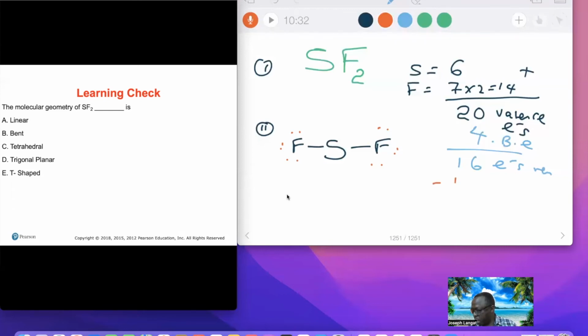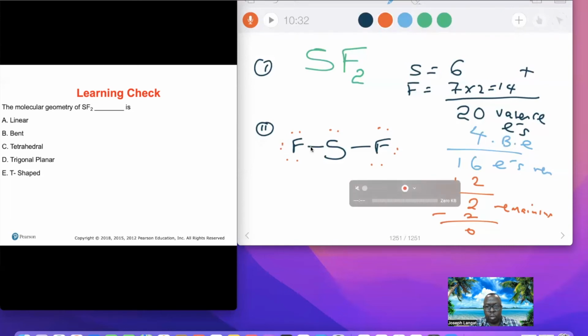So we have used 12, and whatever is left goes to the central atom. 1, 2, 3, 4, 5, 6, 7, 8, 9. Should be 10.